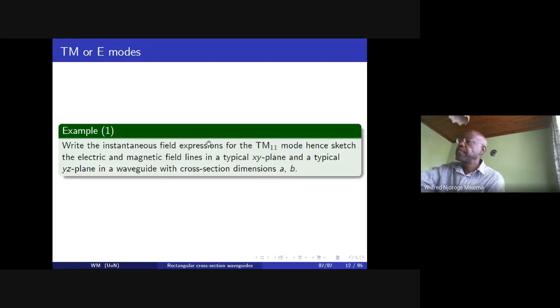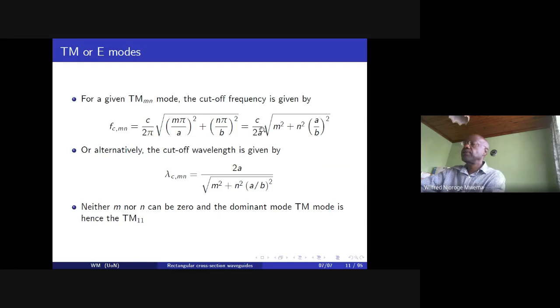So before we continue, what I want you to do is to use a guide, say for the X band guide, that is the WR90.